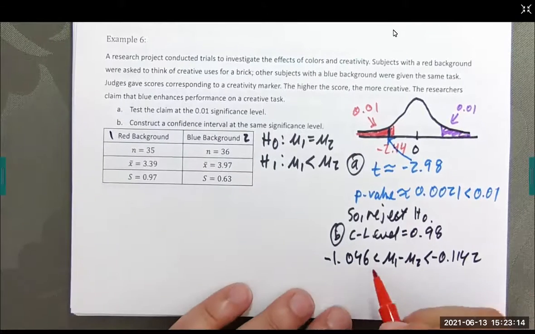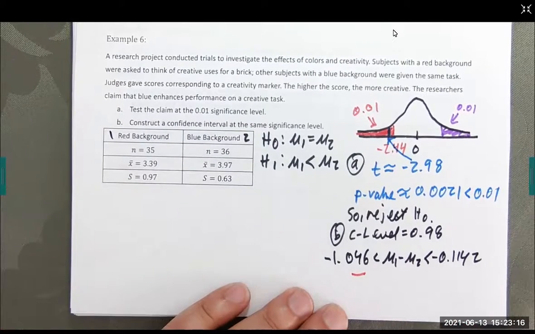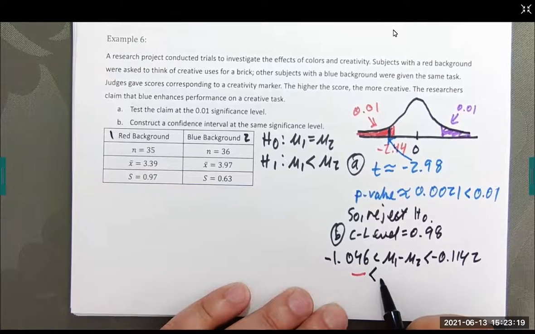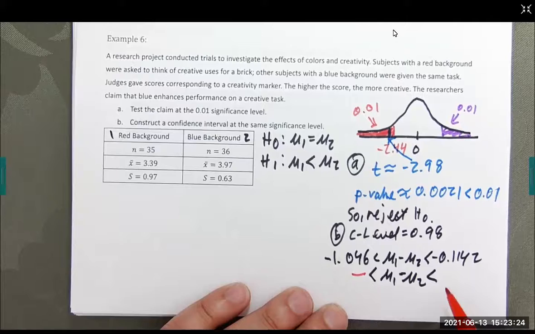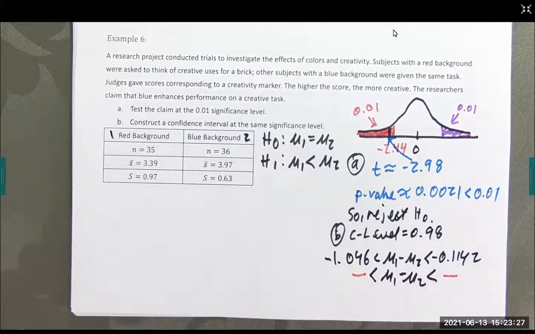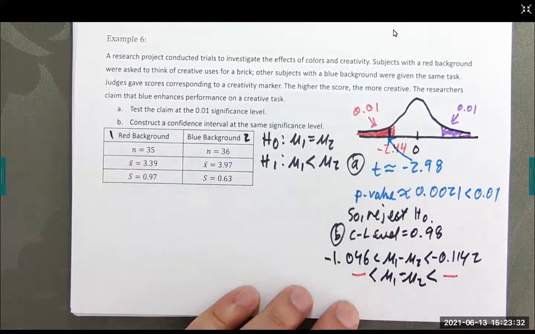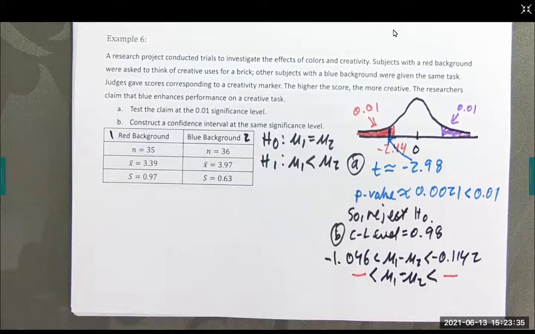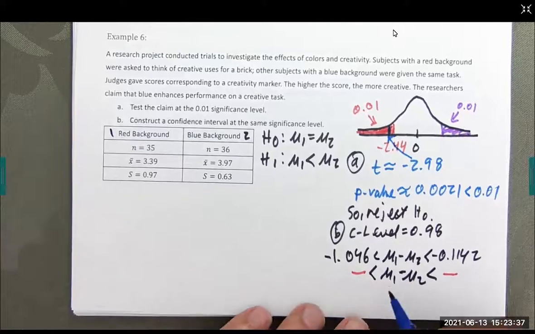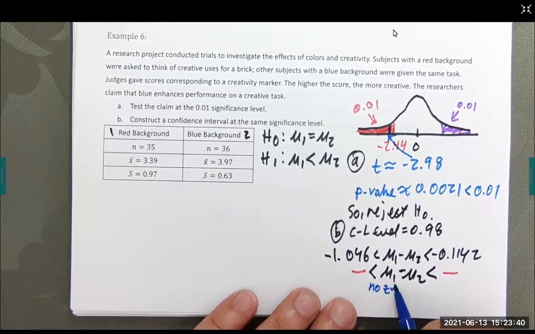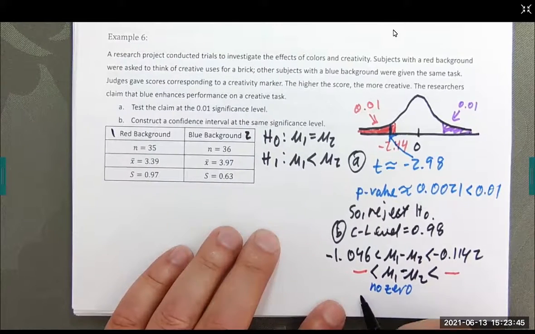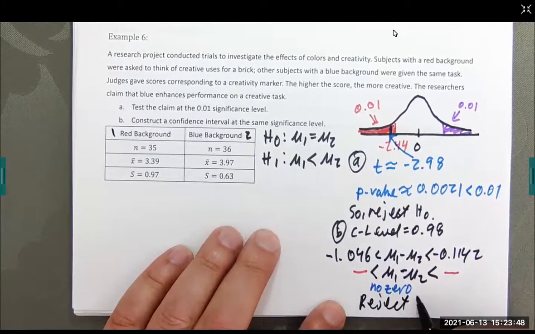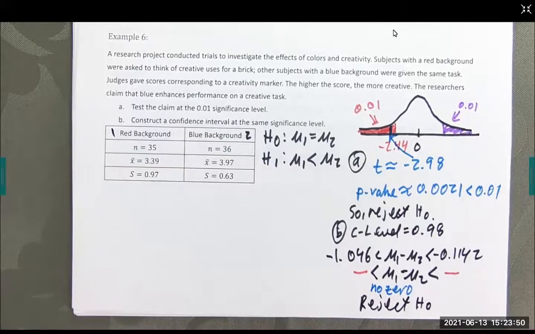Again, we went from negative to negative. So no zero. So zero is not between a negative and a negative. So we're going to reject the null hypothesis. The two answers should match.